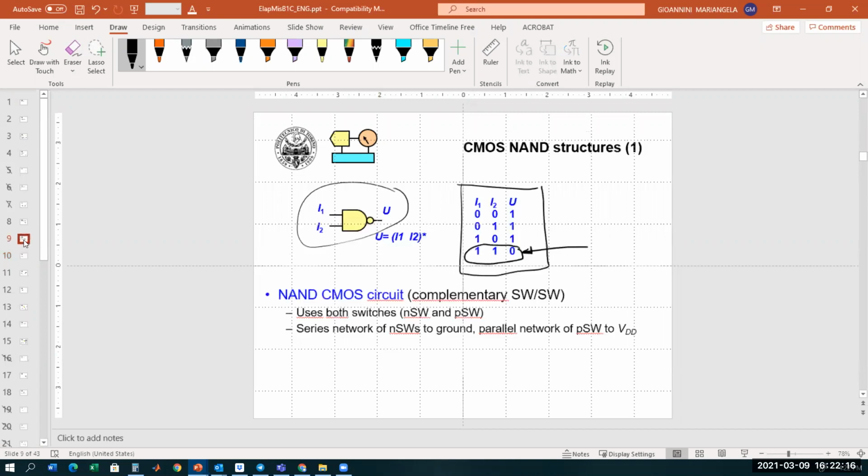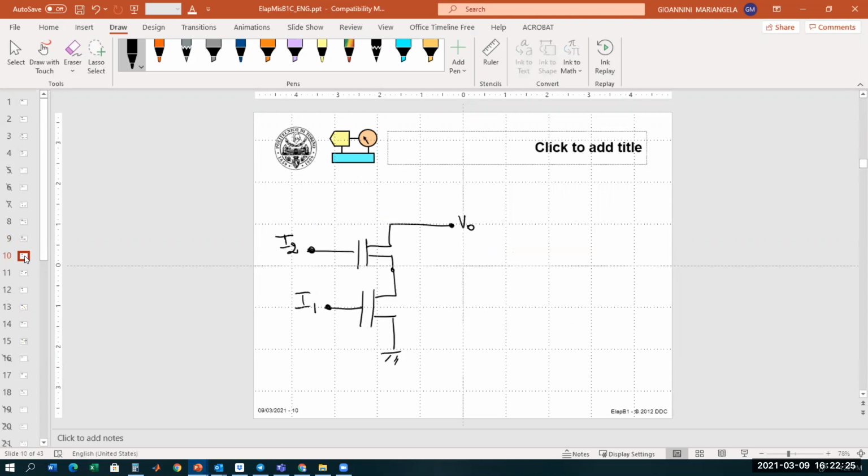To have an output high, I just need one of the inputs to be low. So it means that the PMOS, which guarantee the high state, so the connection to VDD, are in parallel.